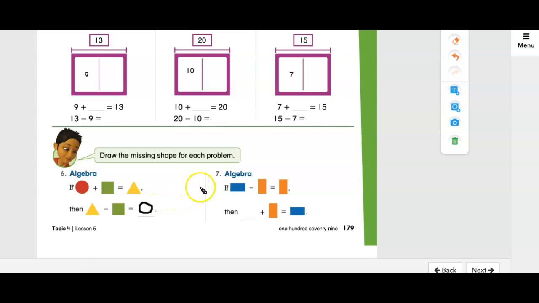Now I want you to try number 7. If the blue rectangle minus the orange rectangle equals the orange rectangle, then blank plus orange rectangle equals blue rectangle.